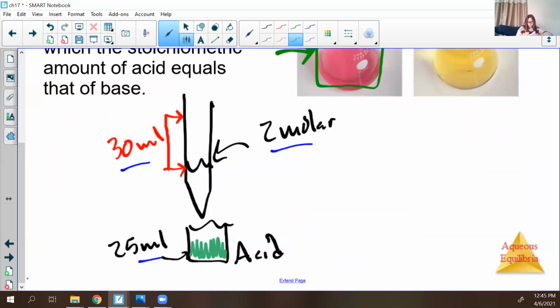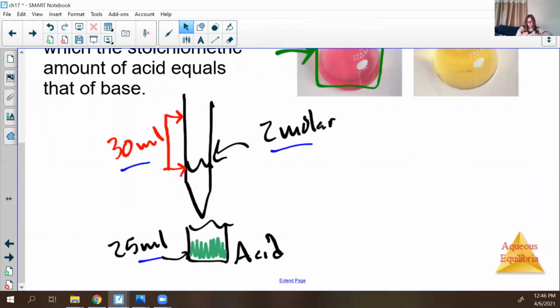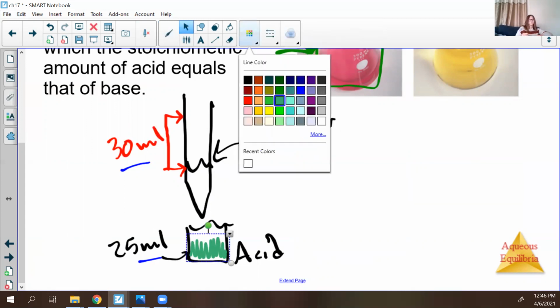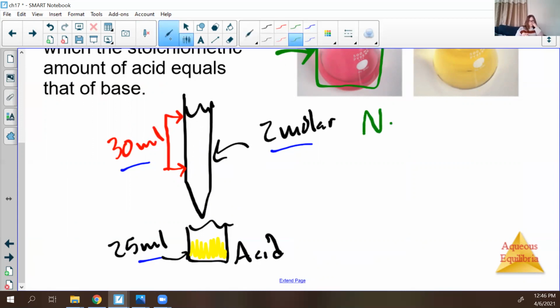So we'll say it was yellow. And I'm going to add base.